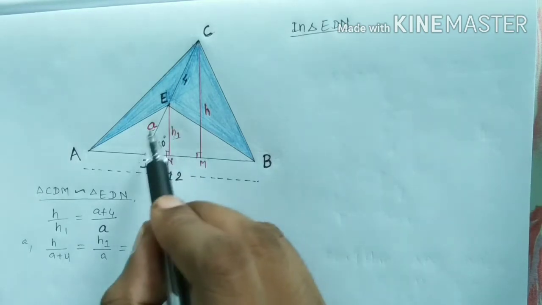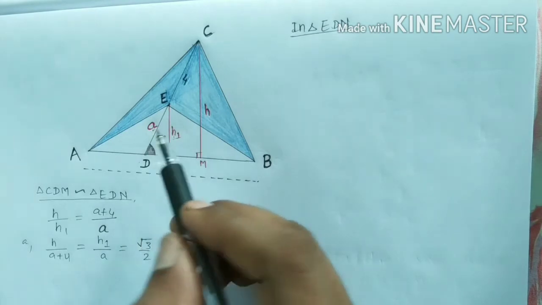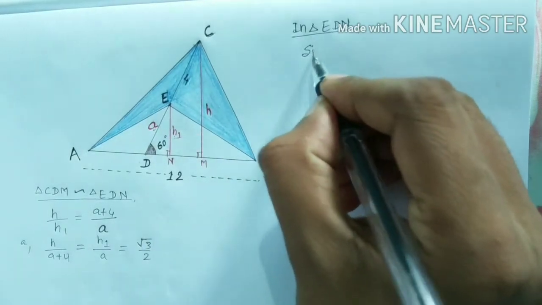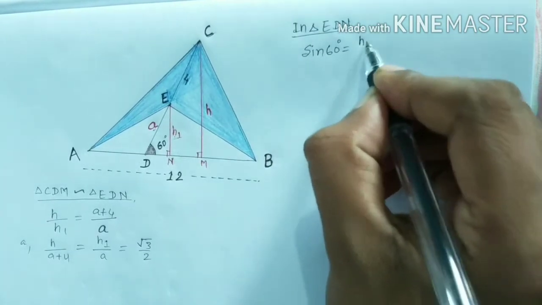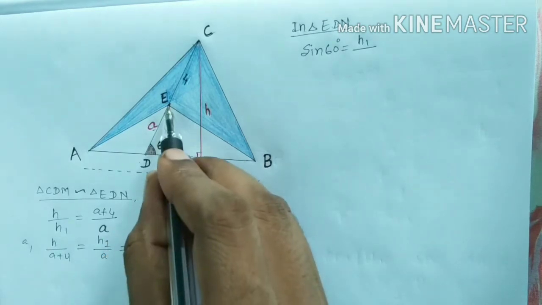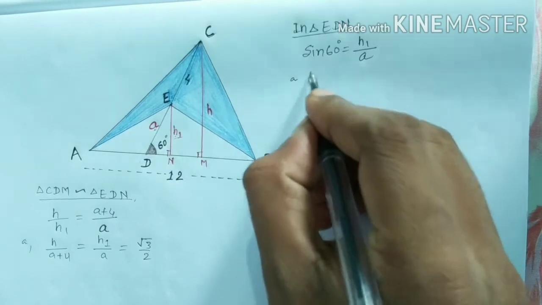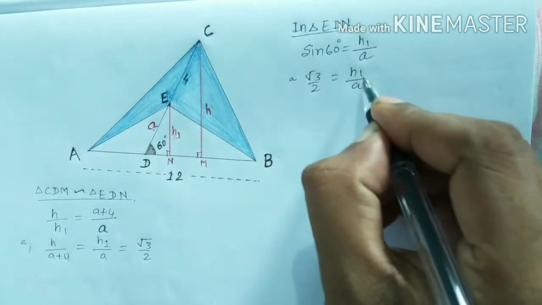So this is the perpendicular and this is the hypotenuse of this triangle. Perpendicular by hypotenuse is sine, so we can take sine here. Sine 60 degrees is equal to perpendicular H1 by hypotenuse A, so H1 by A, and the value of sine 60 is root 3 by 2, so root 3 by 2 is equal to H1 by A.